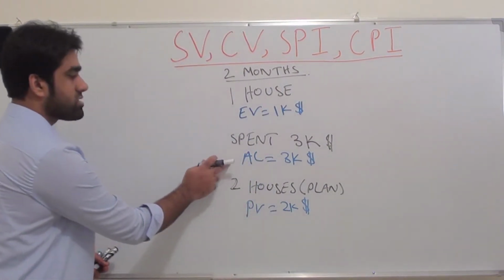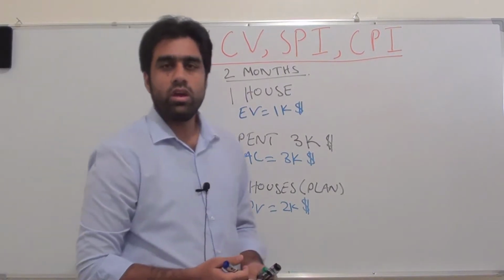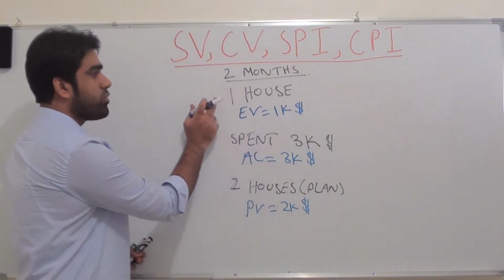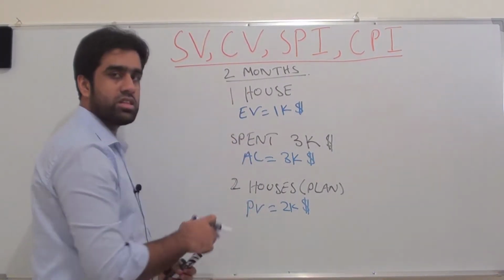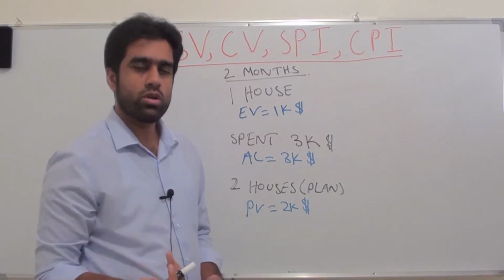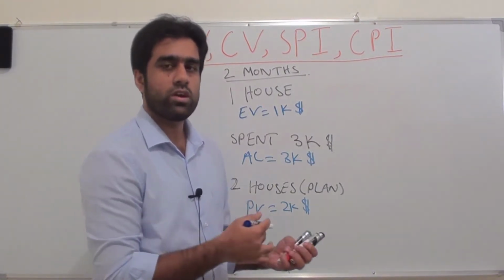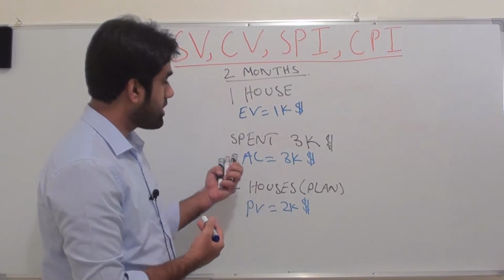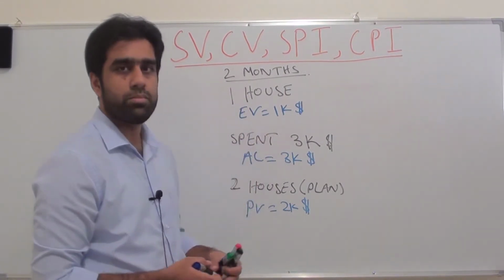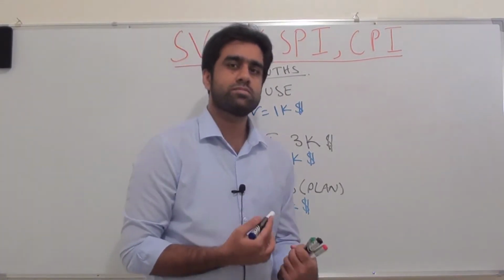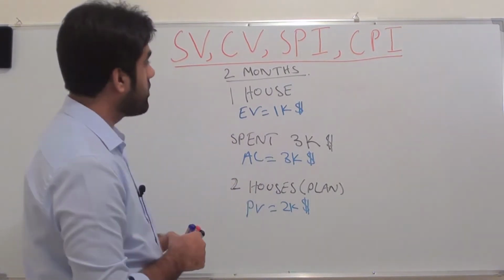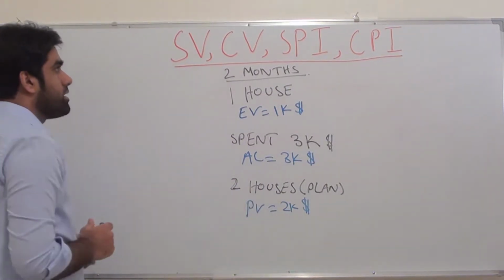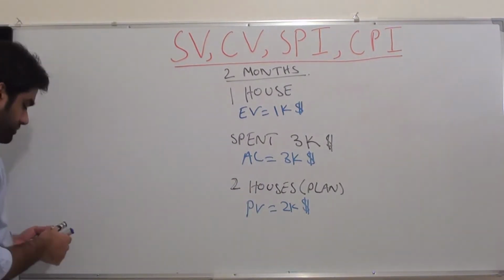And what about the cost? We have only constructed 1 house, but we have spent $3,000. So we are over budget. We are doing badly in terms of cost as well. Let's map them into our variance and performance index formulas.